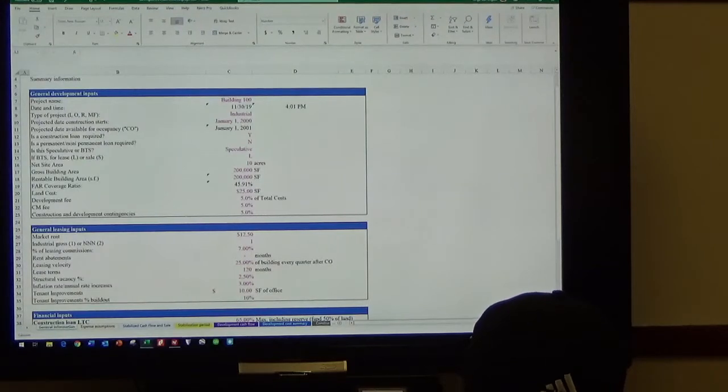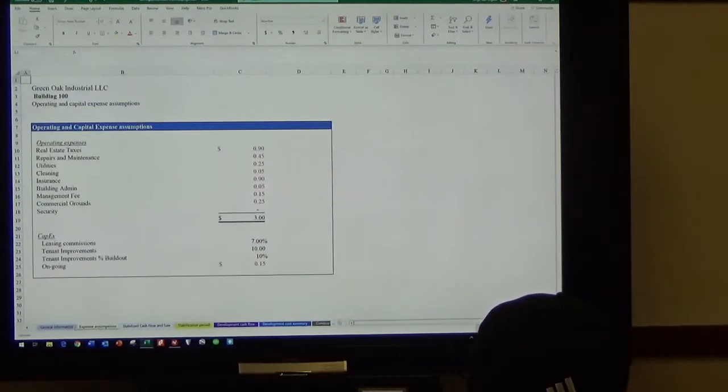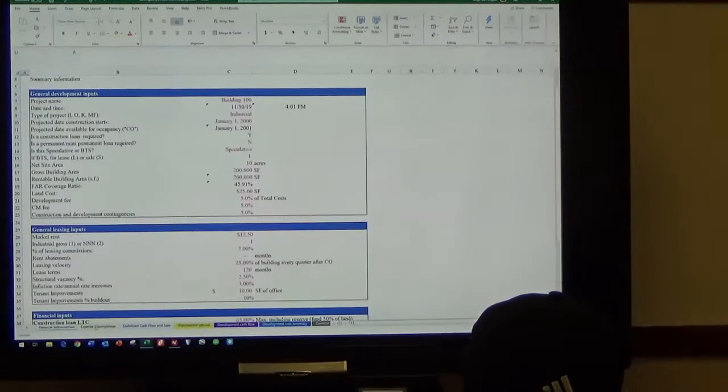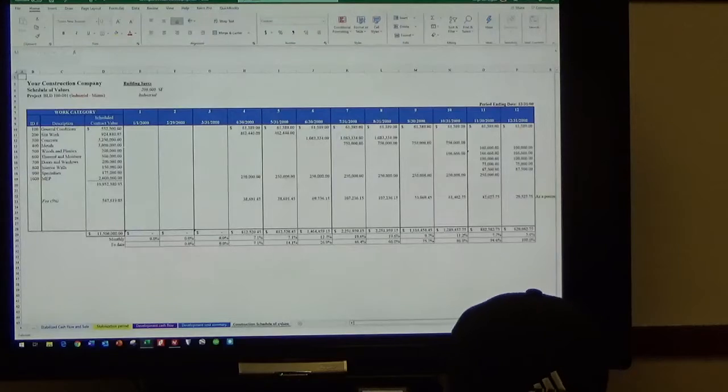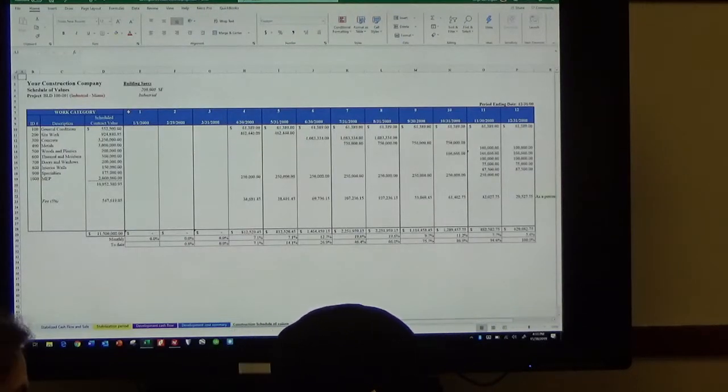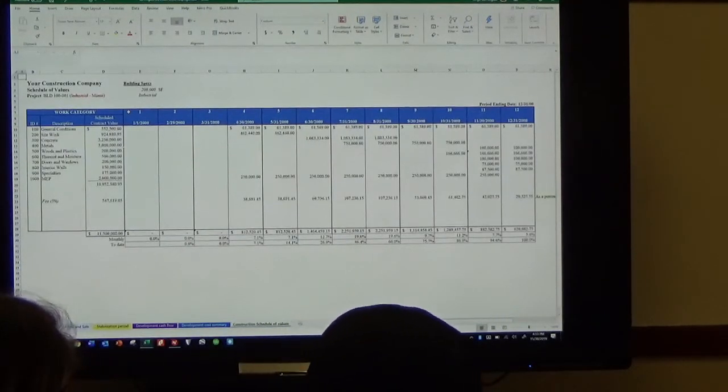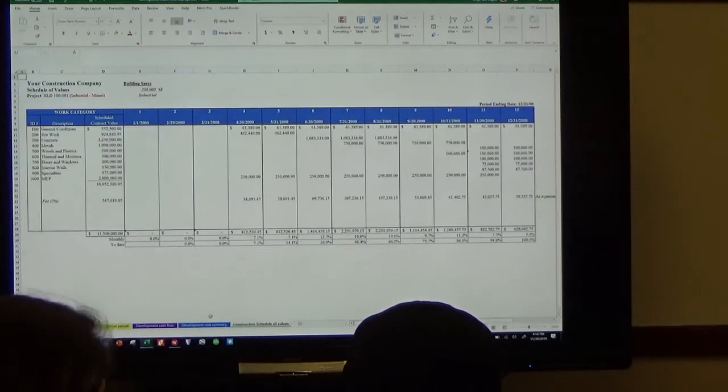I'm going to go through the different tabs. I've got two assumption tabs. Okay. And then I'm going to come all the way back here. I've got my construction. I'm going to walk through each one of these. I've got my construction, okay?